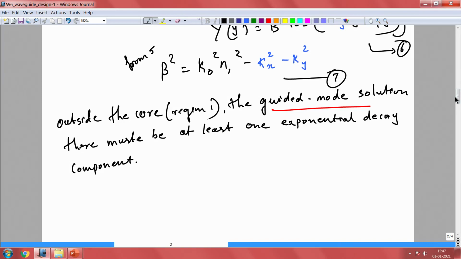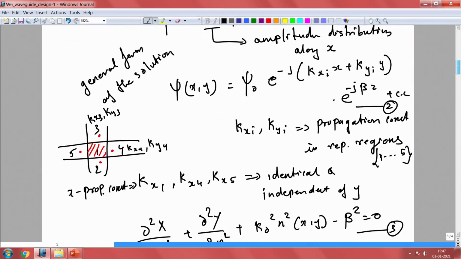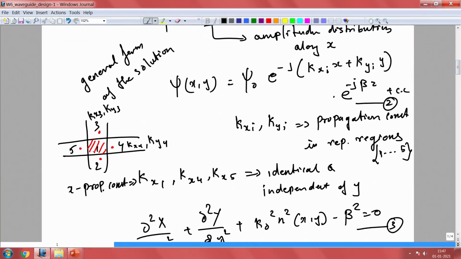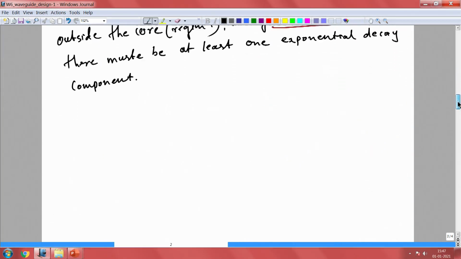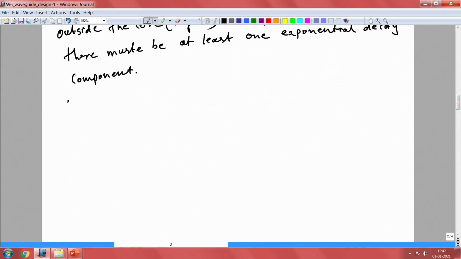So, let us consider a solution in region 3, for example. Region 1 is where our waveguide propagating mode is sitting, but let us look at region 3. Region 3 is where you should have something decaying. So, let me draw this again, so that we keep this in mind, 1, 3, 4 and 5.